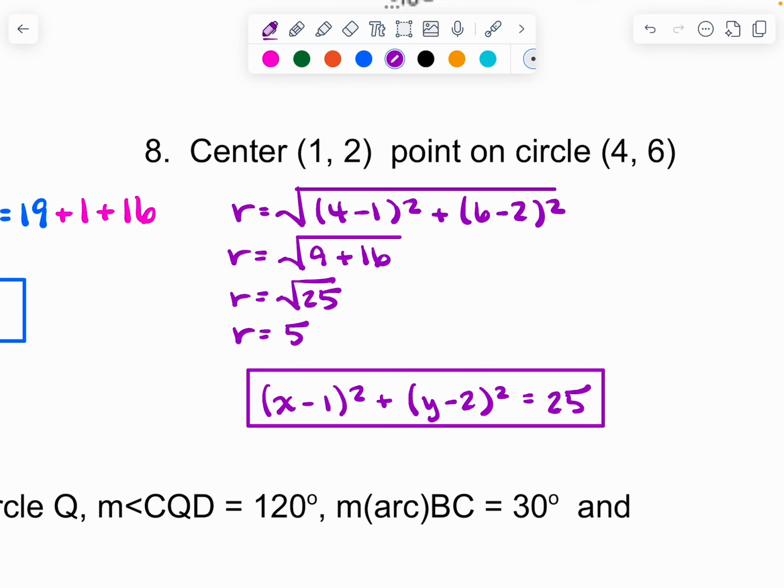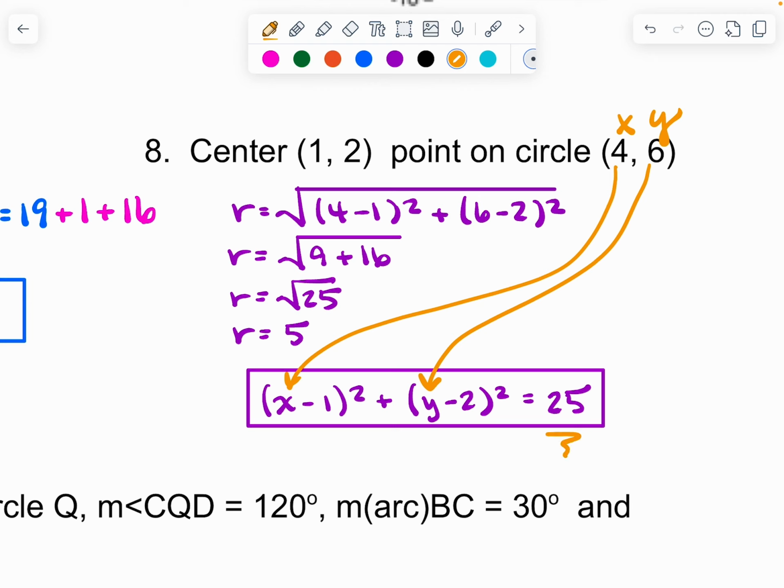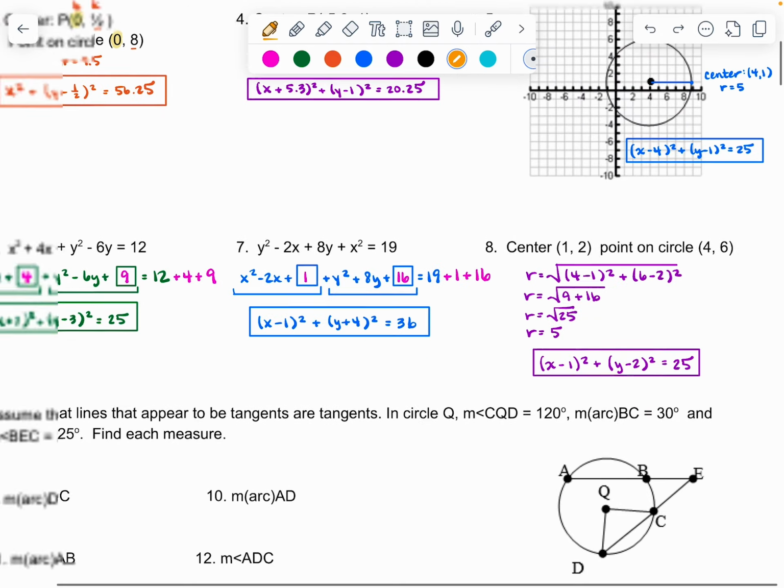You can also, and I know some of you guys are probably doing this, find your r squared value by simply, because this point is on the circle, plugging in that specific x and y into the x minus 1 squared plus y minus 2 squared, and you'll get 25, and it'll tell you that value that way, right? So there's always more than one way to do most of these math problems.